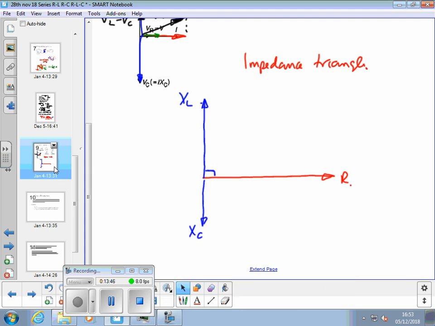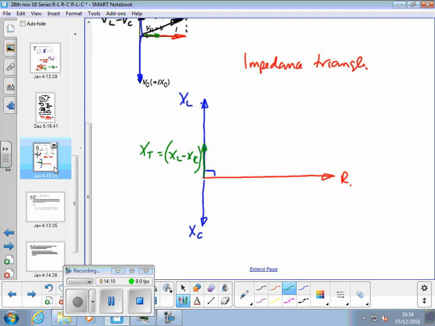And we've got a value that we could call XT, equal to XL minus XC, the result of the two.